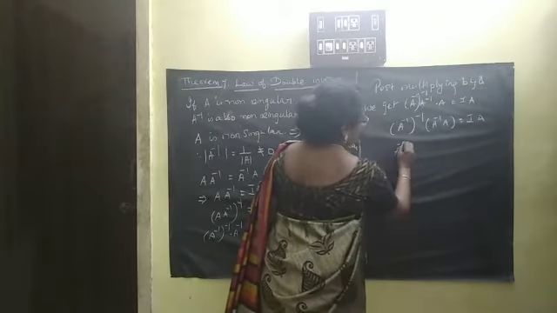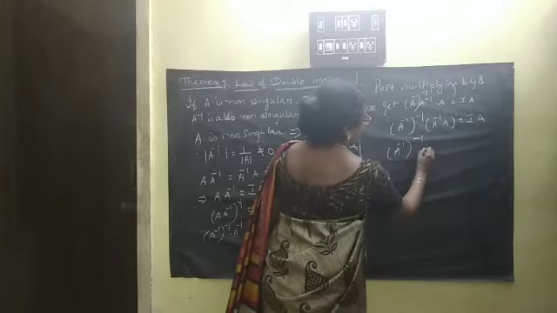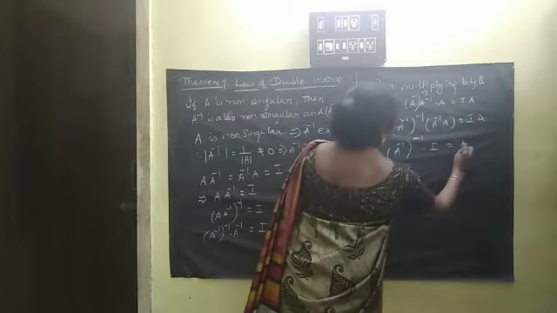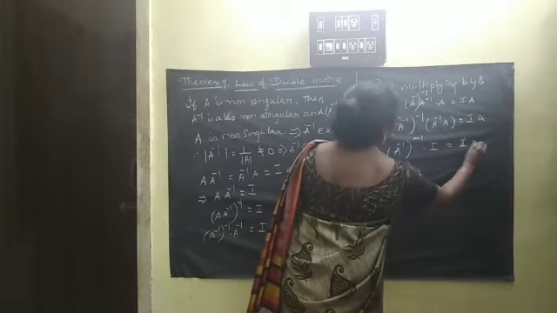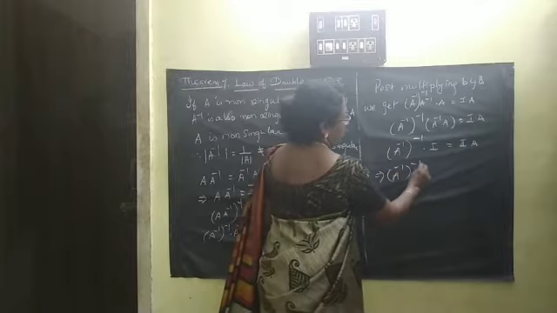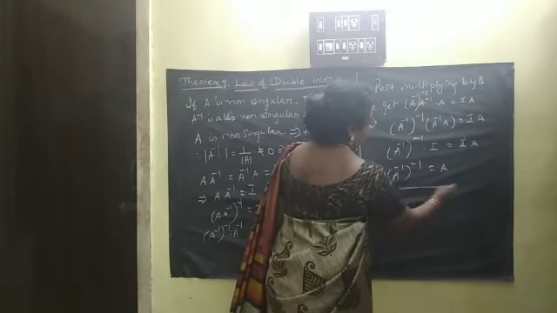So A inverse, the whole inverse into, this is going to be your I. This is equal to IA. Implies A inverse, the whole inverse is equal to A.